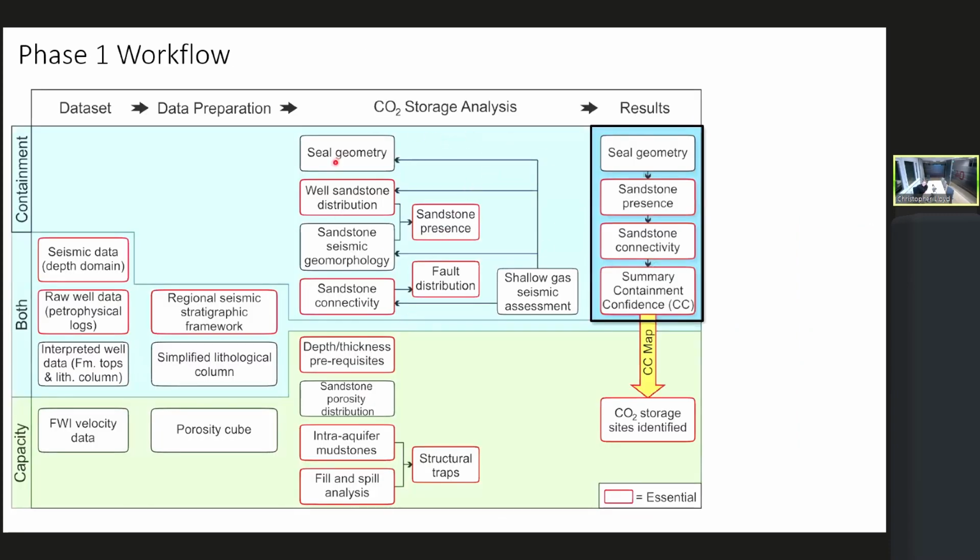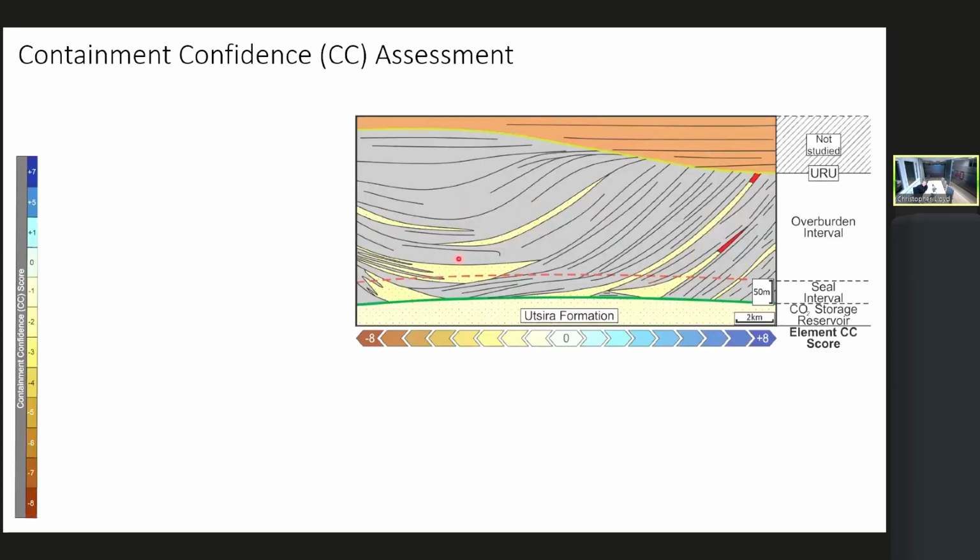So we did this analysis, and then we wanted to put it into a map form, something that could be used going forward in terms of where the best and worst areas for containment are, to help us identify storage sites. For that, we introduced our containment confidence assessment. This was a semi-quantitative way of scoring the containment interval, where we assigned scores related to the different features.